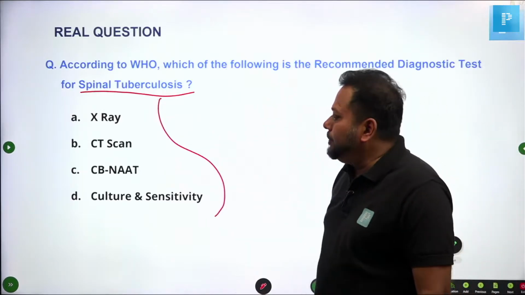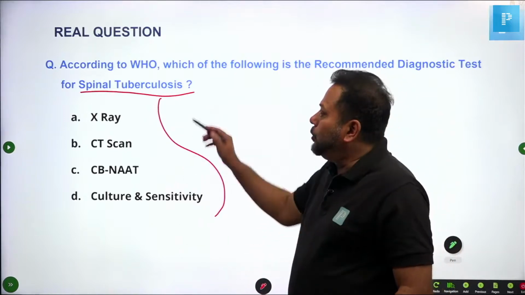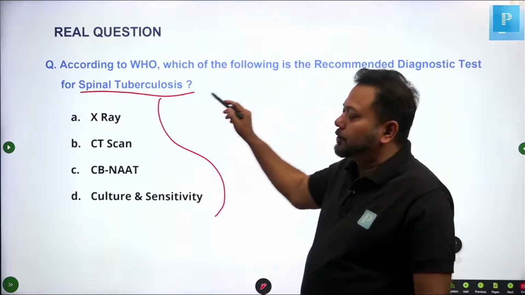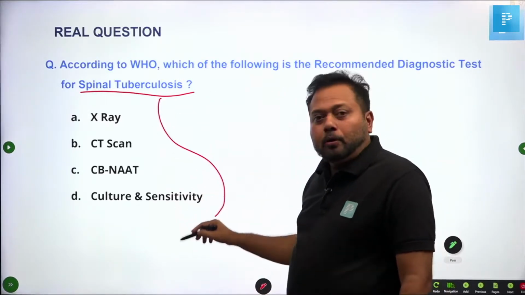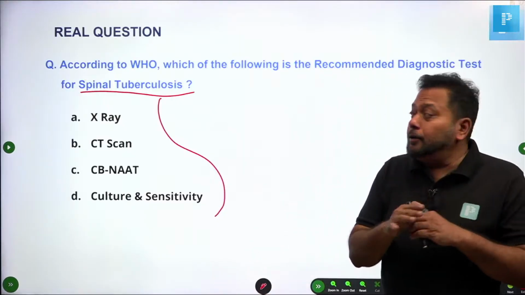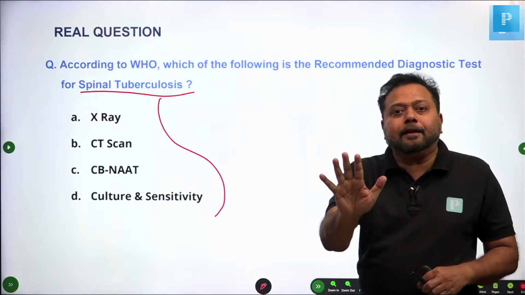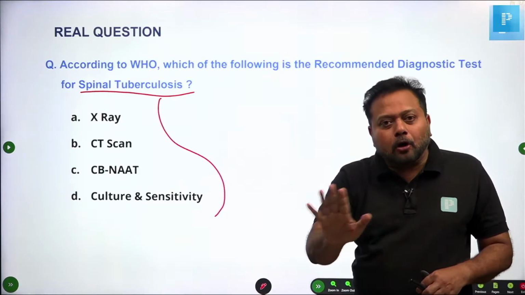Again, dear friends, I want to tell you, according to WHO, which of the following is the recommended diagnostic test for spinal tuberculosis, among the four. You should not ask me whether this question is correct, because this is an asked question in INI-CET. I have presented it as such, I have not altered it.